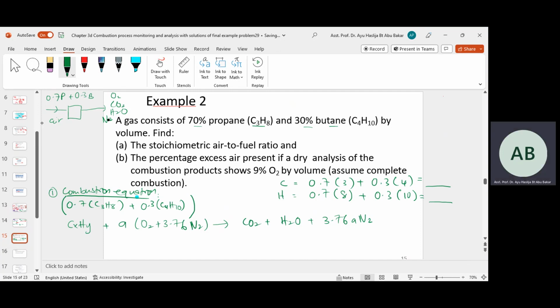Okay, for A, we are focusing on the stoic first. So in the flue gas, no water yet. Find the A stoic. This is A stoic.